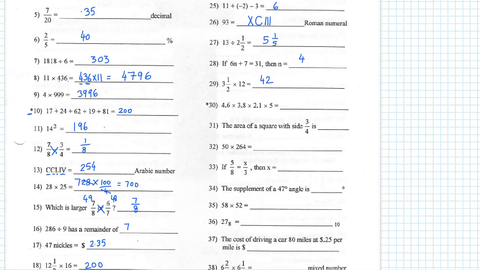Question 30, what is the approximate value of the product of these 4 numbers? So we have 4.6 multiplied by 3.8, which is multiplied by 2.1, and that's multiplied by 5. So one way to do this is I assume that this is 4.5 and then this is 4.